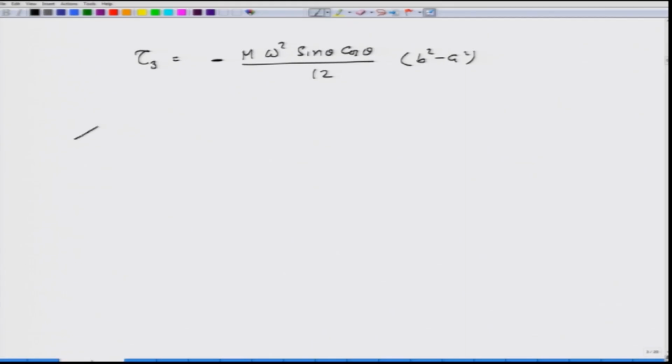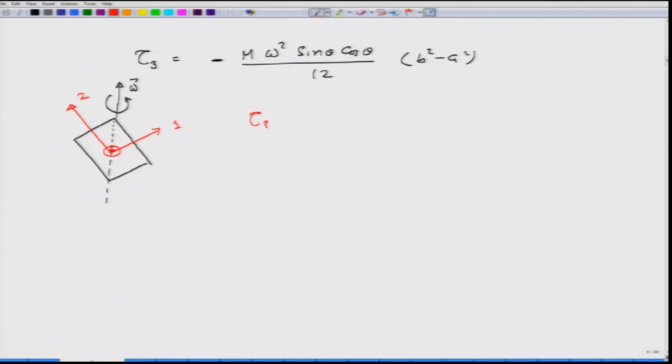So, let us make this again and interpret the result. This is the rectangle, it is rotating like this. This is the direction of omega. This is axis 1, this is axis 2, and this is 3. 3 is coming out. So, tau 3 is actually going in.